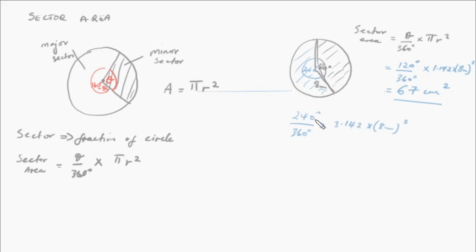It's the same. The difference is the theta here. Then you would work this out. What would you get? 240 multiplied by 3.142 multiplied by 64 divided by 360.